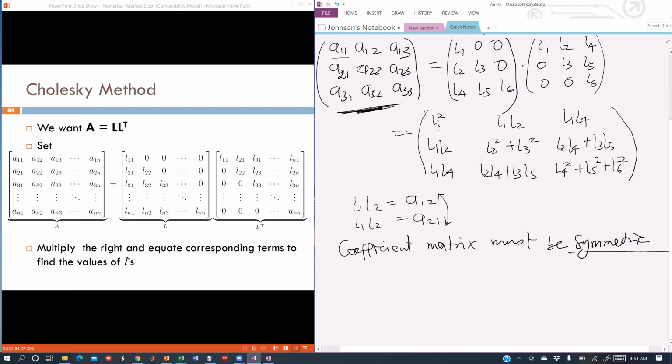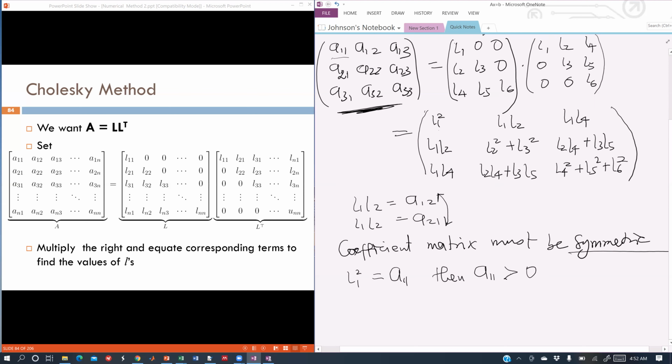And so if L11 squared is going to be equal to A11, then A11 must be greater than or equal to 0, or strictly must be greater than 0. Let's put it so. Then A11 must be greater than 0.